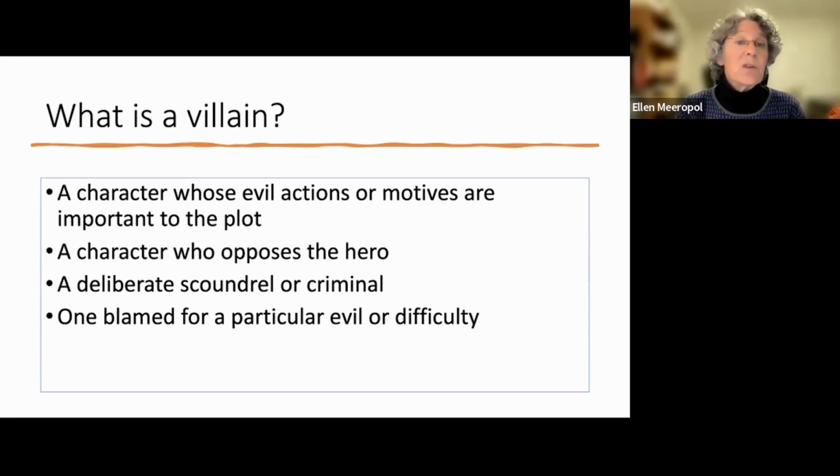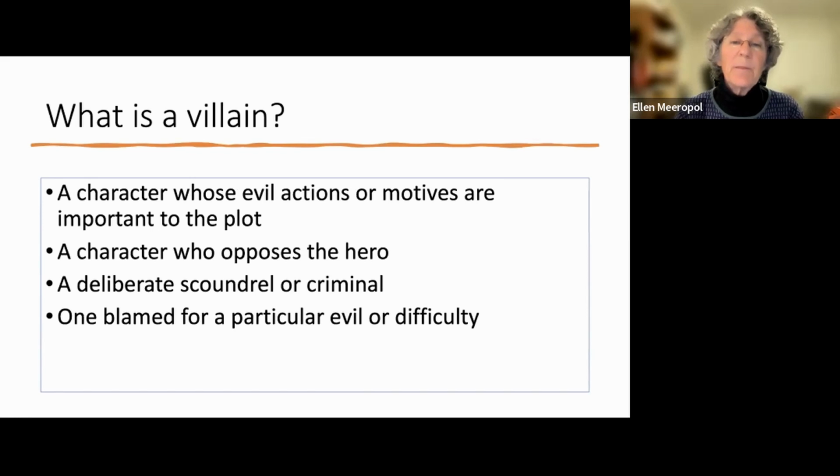The evil motives may be important to the plot. The character often opposes the hero or the protagonist, might be a scoundrel or criminal, might not, might be blamed for a particular evil or difficulty within your story.